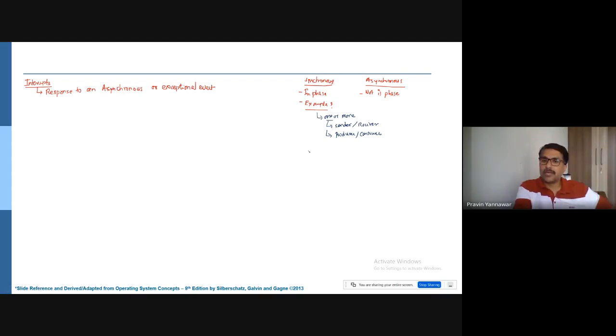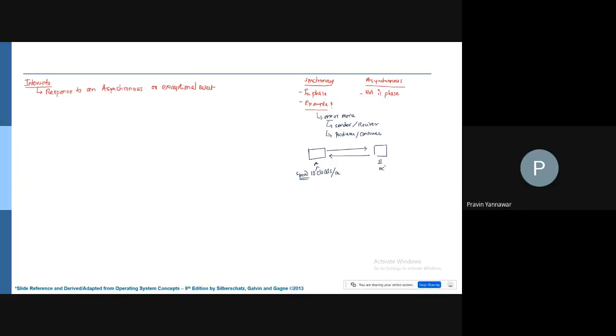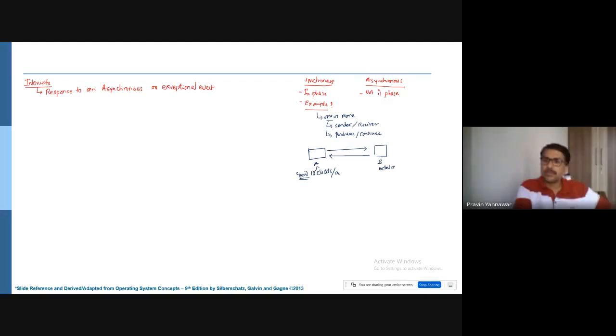Say there are two parties in communication, A and B. A is operating at a speed of 10 clocks per second, and B is also operating at 10 clocks per second.